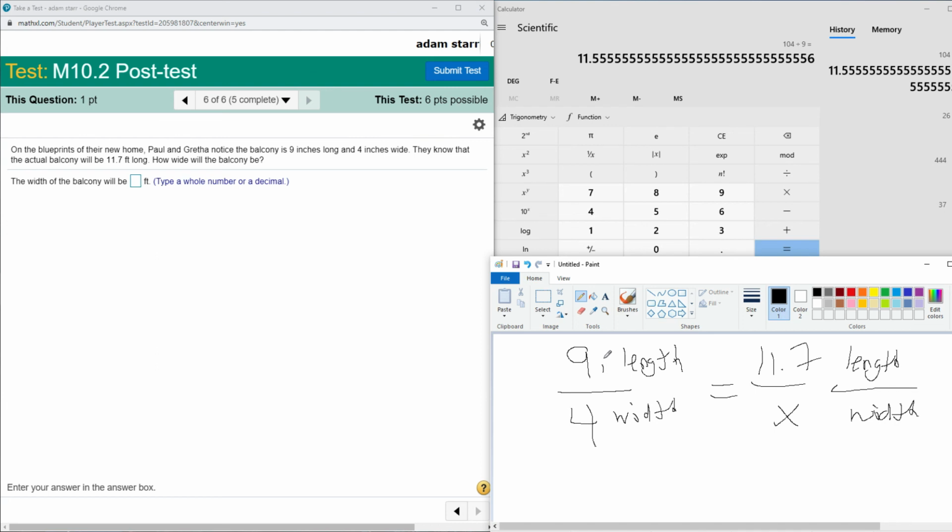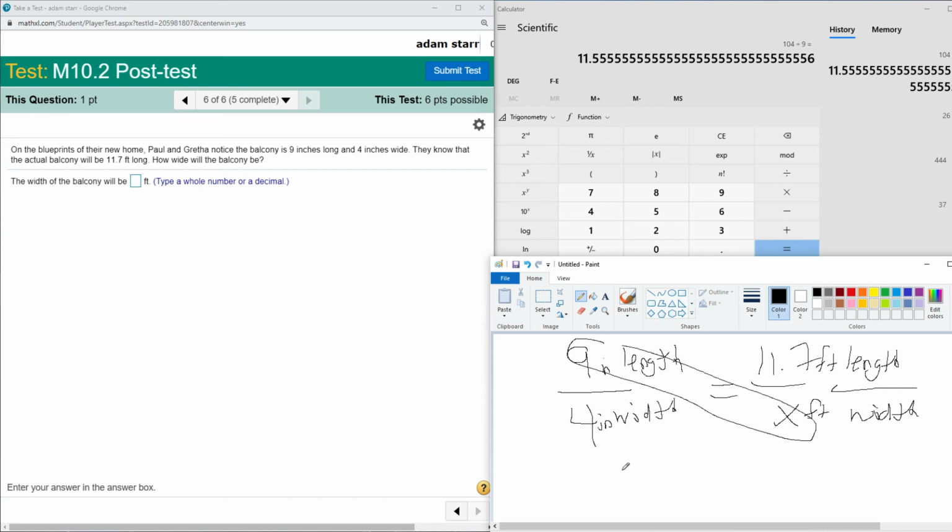So even though this is inches and this is feet, because it's proportions, it actually doesn't matter. I just know that my answer is going to be in feet, which is the unit that I want. Okay, so we have this proportion to solve. So now I'm going to cross multiply.